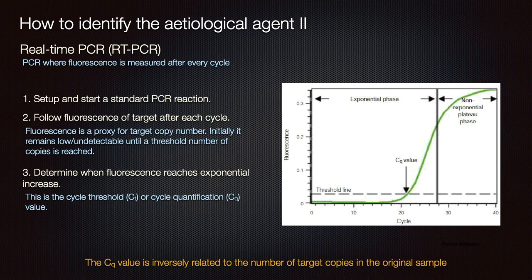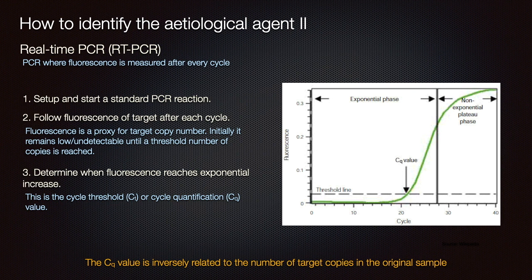After some number of cycles, and that number of cycles is determined by the number of target copies in your original sample, the fluorescence in your reaction starts to increase exponentially. Here you can see an idealized real-time PCR graph.